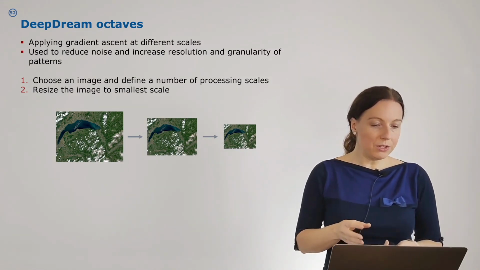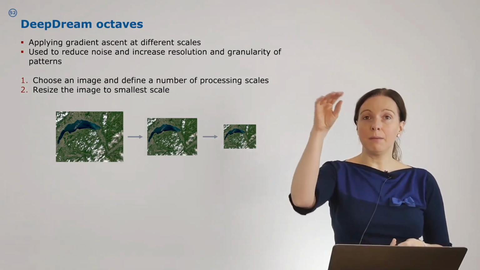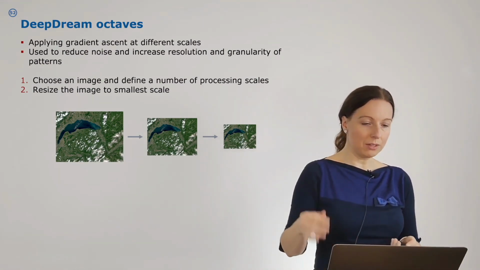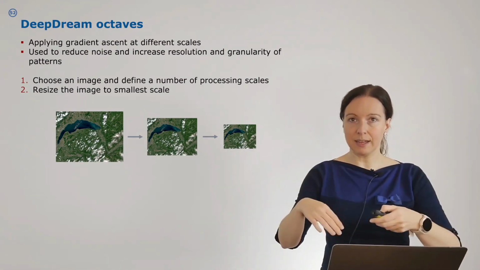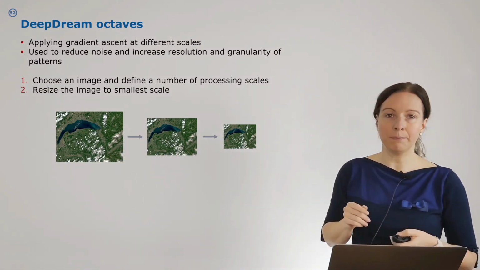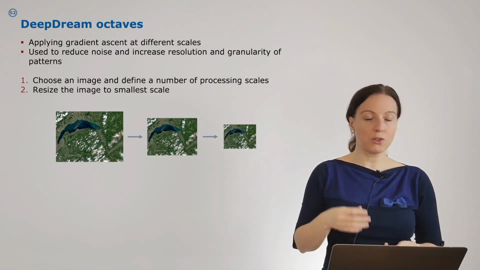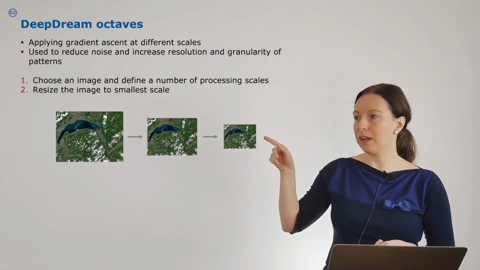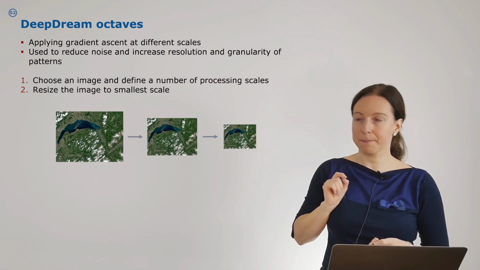First of all, you choose an image and you define the number of scales you want to have, the number of these processing scales. Here I illustrated three of them, and then you resize the image to the smallest scale. So you actually start working with this image here.